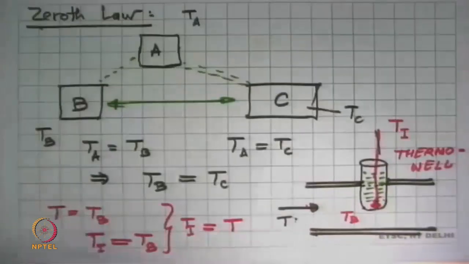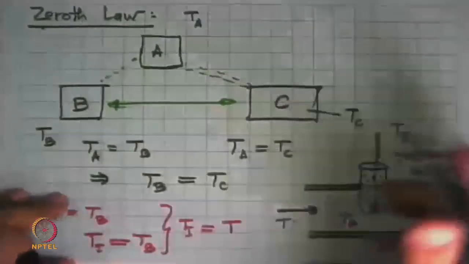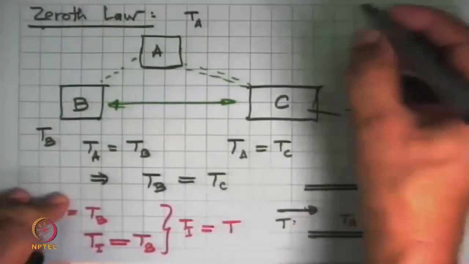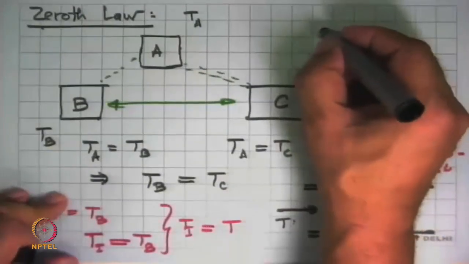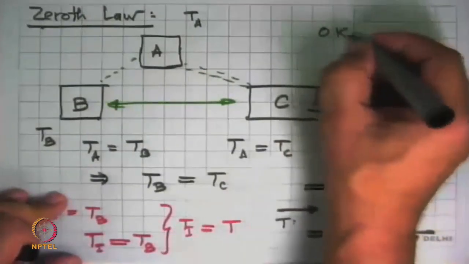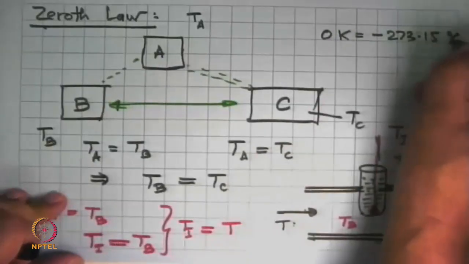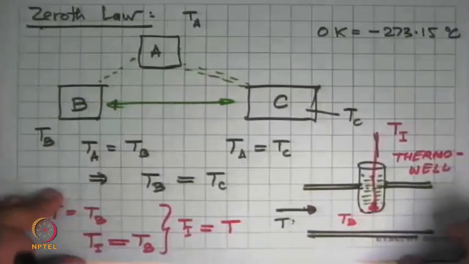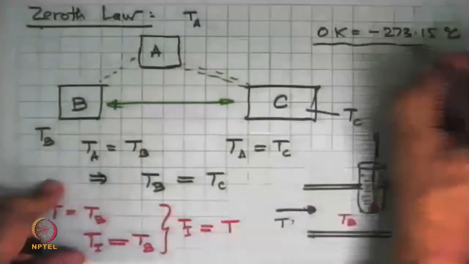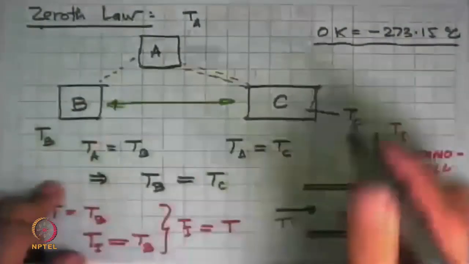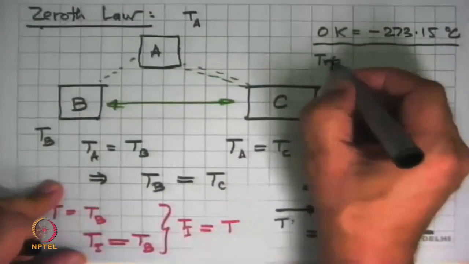With this, we also define a temperature scale, although that also comes a little later on, where the accepted temperature scale now is that absolute zero is minus 273.15 degrees Celsius, and historically there have been two set points. One used to be the triple point of water.